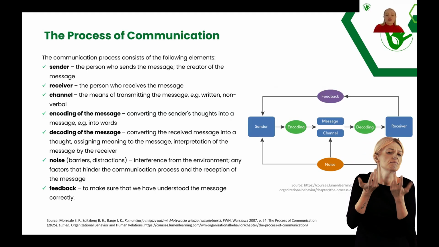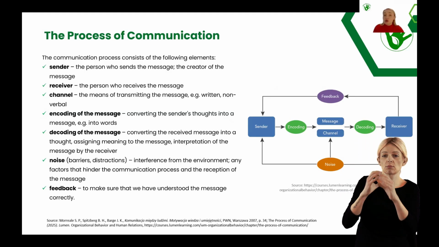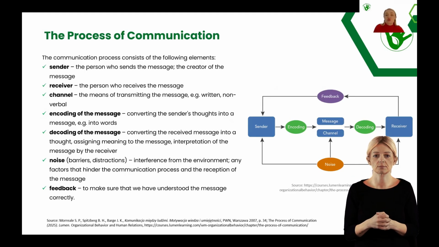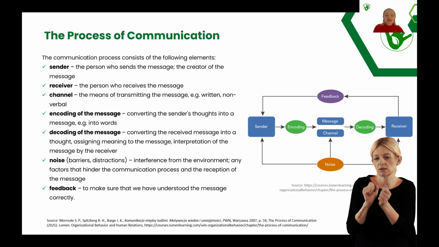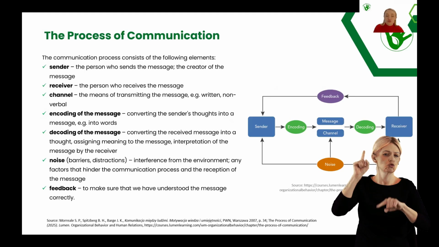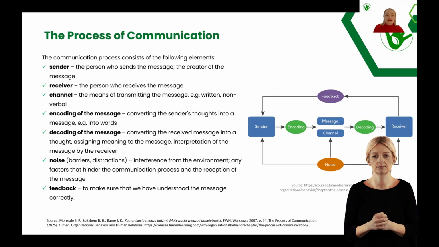Unfortunately, difficulties often arise in the communication process. We call them noise or barriers. These factors can disrupt the communication process, causing the receiver to misunderstand the sender and misinterpret the message. The final element of the communication process is feedback.